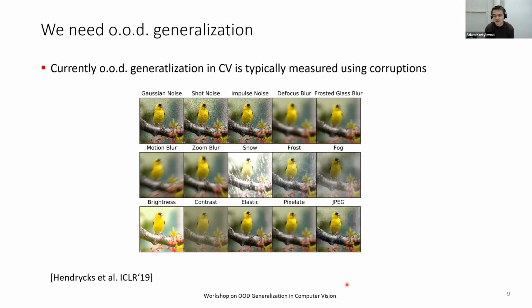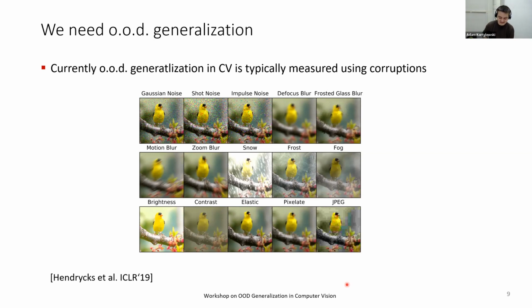By now, this is a pretty standard measure of out-of-distribution generalization. You add a little bit of visible noise and check if your model generalizes well. The issue is that these corruptions are synthetic, and it's unclear if models that generalize to Gaussian noise will also generalize to unseen 3D poses or unseen textures.